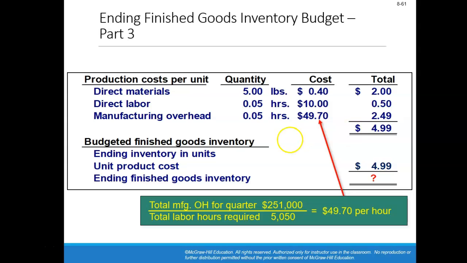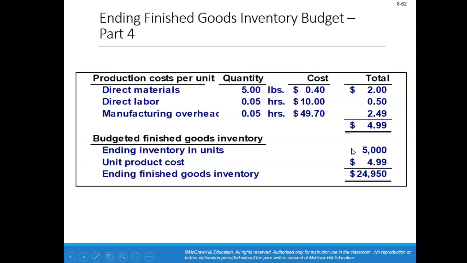Now remember that our ending inventory in units, which was shown on our production budget, was 5,000 units. So at the end of the quarter, we expect to have a total of 5,000 units. The product cost is $4.99 per unit.